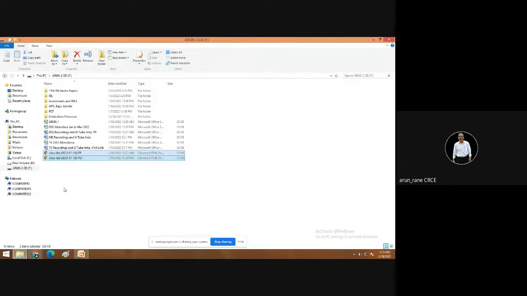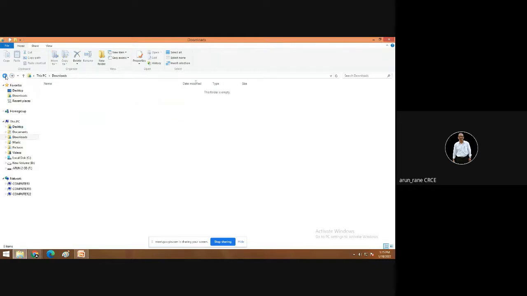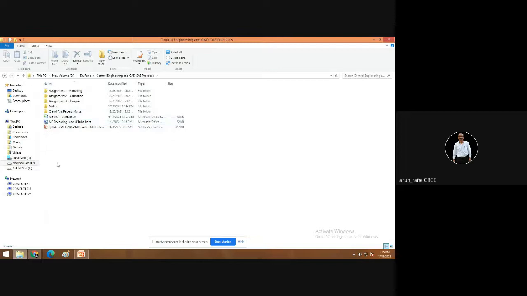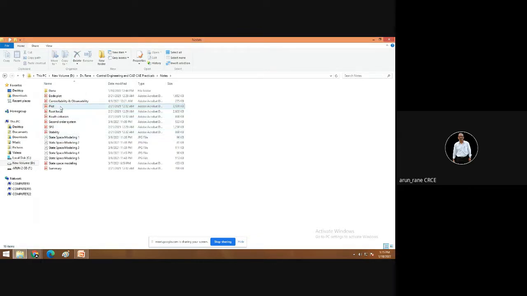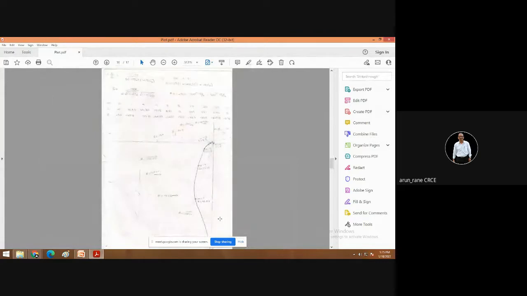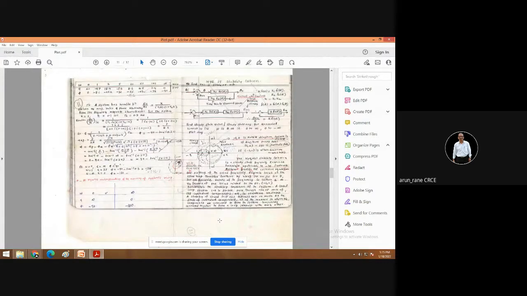Now, what is the Nyquist criterion? That is what we will see. Or what is the Nyquist condition? So, you know the coordinate which is minus 1 comma 0.